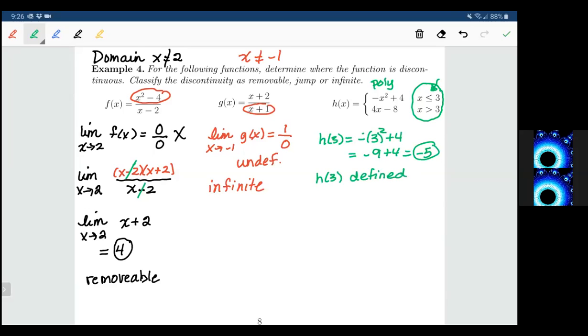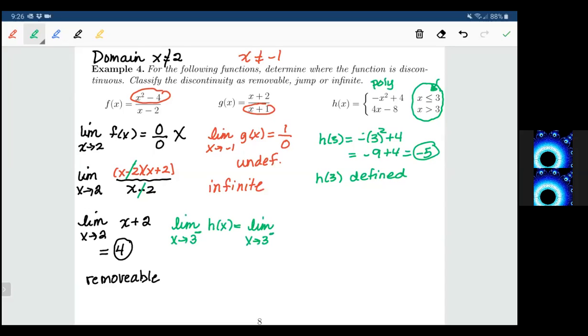But now we should look at, then, does the limit of this function as x approaches 3 exist? So let's look at that. Now I have two different branches, so I have to examine it on both ends. So we'll look at what happens as x approaches 3 from the left-hand side of h of x. We pick the appropriate branch.